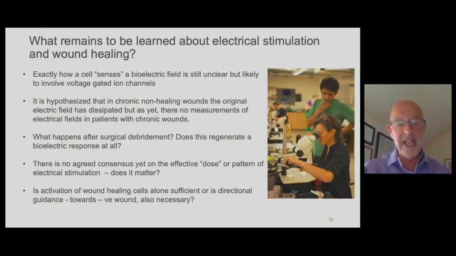And do we actually need the directional guidance? Does a negative always have to face into the wound, or is stimulation of wound healing sufficiently achieved just by activating the wounds by bioelectricity?